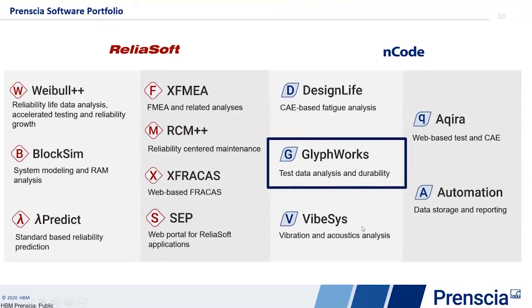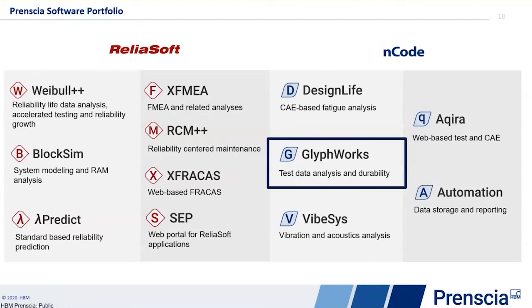The next generation of the tools, which is called Akira, helps the industry with a web-based portal to manage the test as well as the CAE data, and share and search the data. In addition to that, there is nCode DS, data search, which helps with big data analytics.